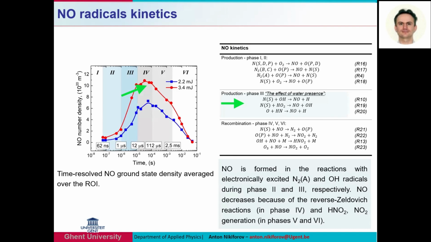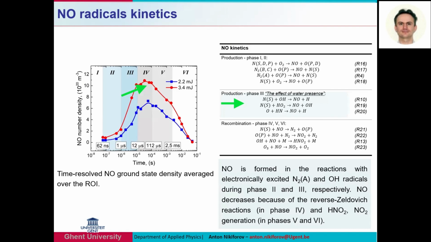And what is interesting there, normally you would expect that nitrogen oxides will be formed right after the discharge. This is quite typical and classical, what you see if you generate plasma between metal electrodes without presence of liquid.